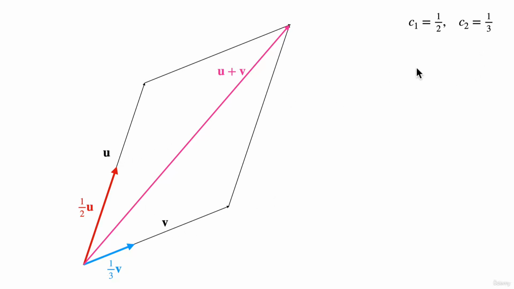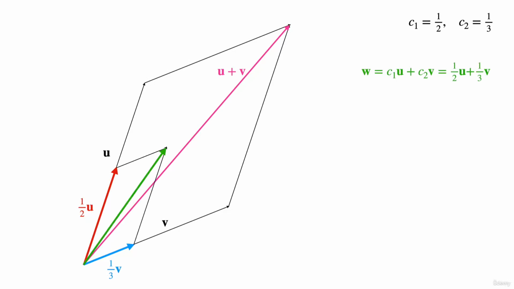First I produce c1 times u, so it's 1/2 of vector u, and you know by now that it's the vector which has the same direction as u, and its length is a half of the length of vector u. And c2 times v is 1/3 of vector v. So it's a vector which looks in the same direction as v, but its length is just 1/3 of the length of v.